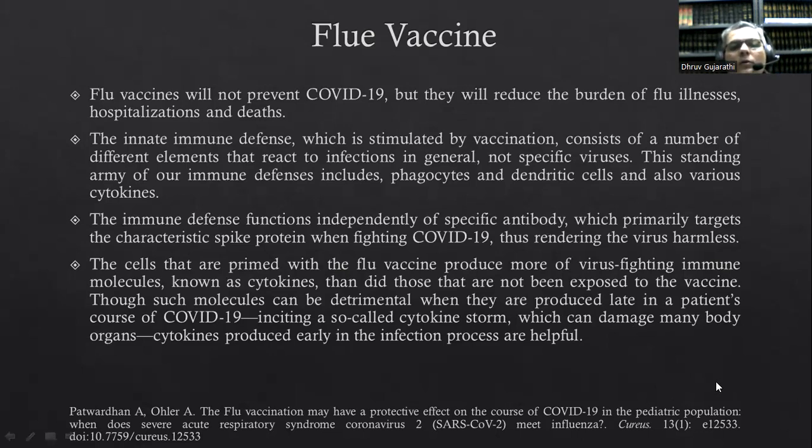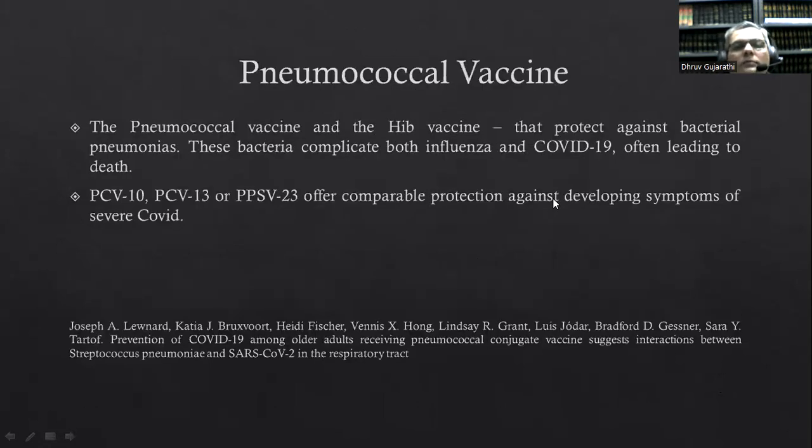And therefore, flu vaccines reduce the course of the so-called cytokine storm, which can damage many organs in the child. So flu vaccine will reduce the chance of acquiring flu and other secondary complications in children. And thus, because of multiple virus sensitization of the mucosa, it is going to fight against the coronavirus also.